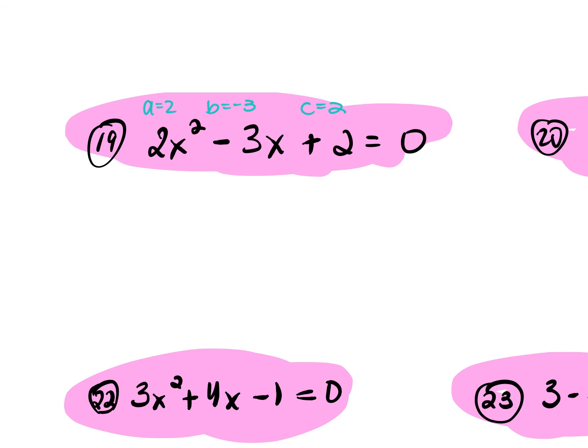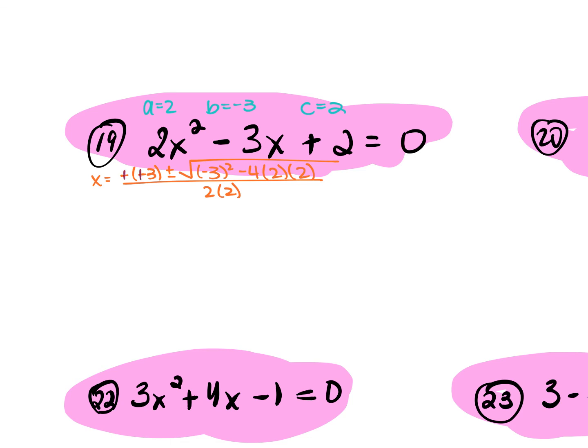Again, we're going to use x is equal to negative b plus or minus the square root of b squared minus 4 times a times c all over 2 times a. So this is going to give us x is equal to the opposite of b, so the opposite of negative 3, plus or minus the square root of negative 3 squared minus 4 times 2 times 2 all over 2 times 2.